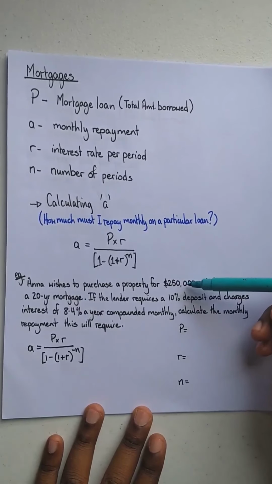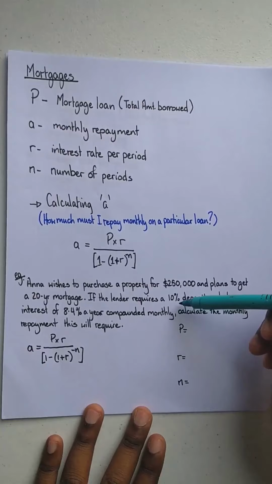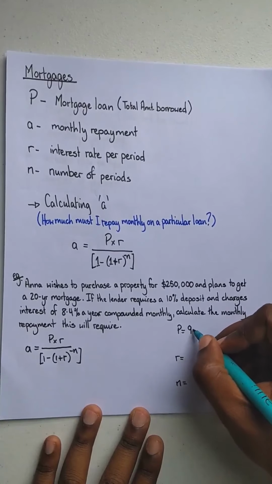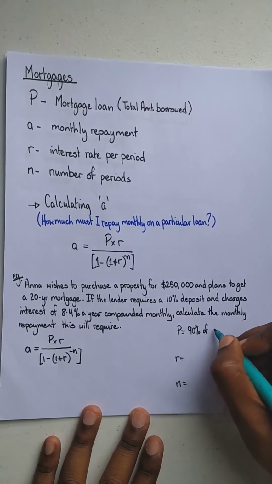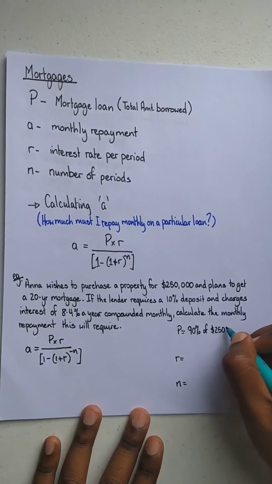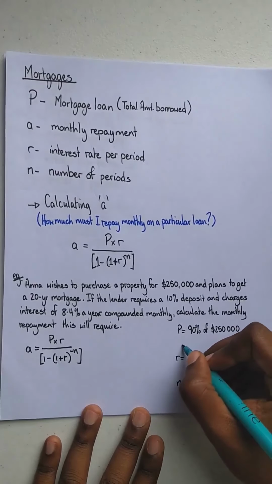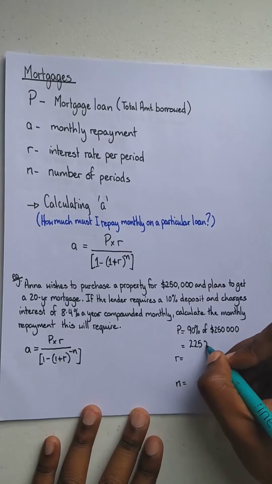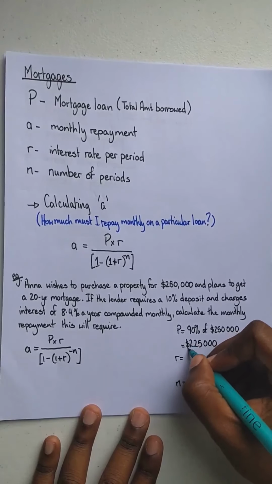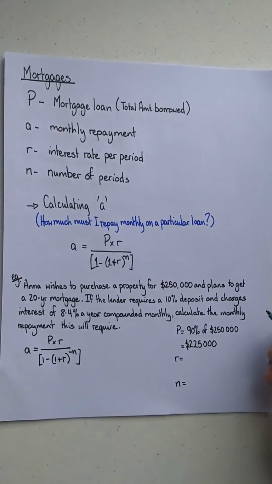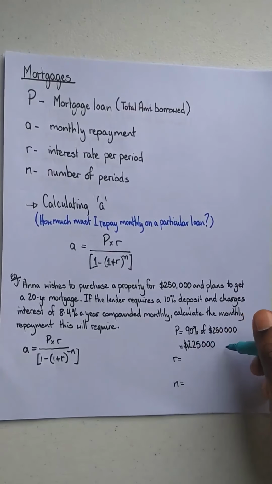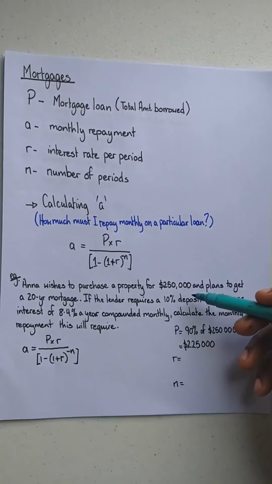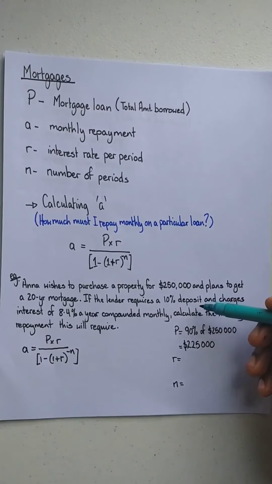The property costs $250,000, but Anna is required to make a 10% deposit, which means that the loan is the remaining 90% of $250,000, which is equal to $225,000. So the loan is $225,000, even though the cost of the property is $250,000, because part of that is not being lent to you. Part of that you are actually required to deposit on your own.